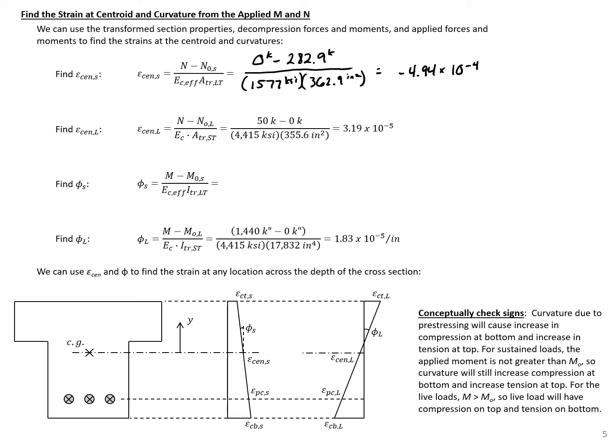We can do the same thing with our live load, and we'll find a strain at the centroid due to the live load of 3.19 times 10 to the negative fifth.